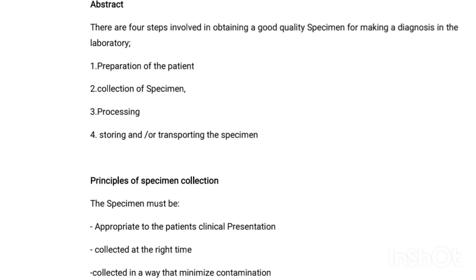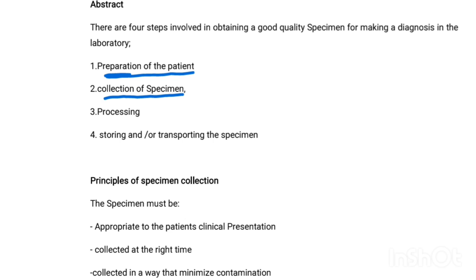The first thing is make sure the patient is prepared. Okay, the preparation of a patient is very much important. Okay, then after the patient has been prepared, then the collection of specimen.